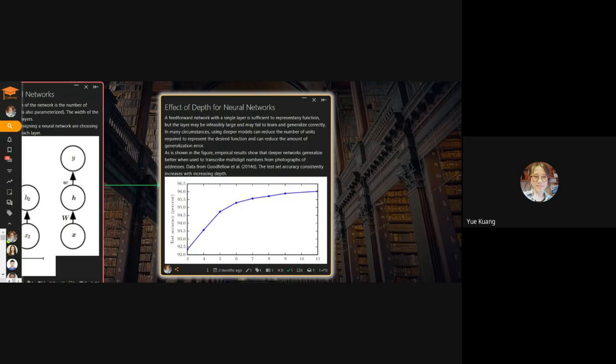In many circumstances, using deeper models can reduce the number of units required to represent the desired function and can reduce the amount of generalization error. And as is shown in the figure, empirical results show that deeper networks generalize better when used to transcribe multi-digit numbers from photographs of addresses. And as you can see from the graph, the test set accuracy consistently increases with increasing depth.